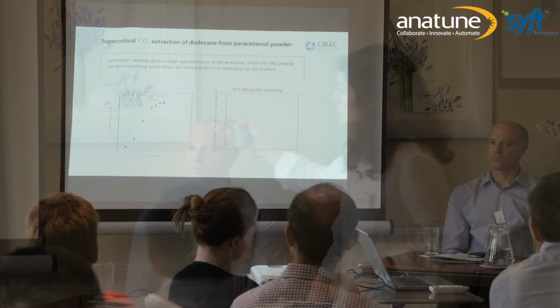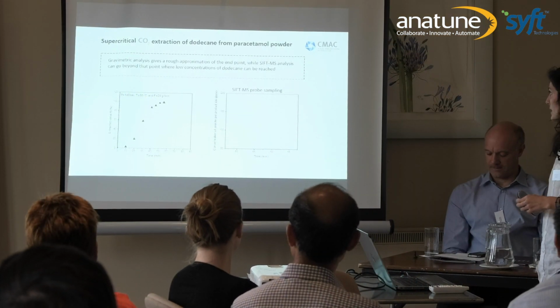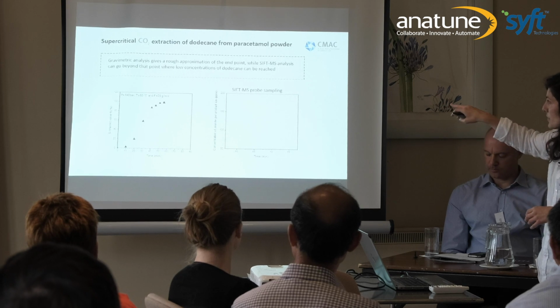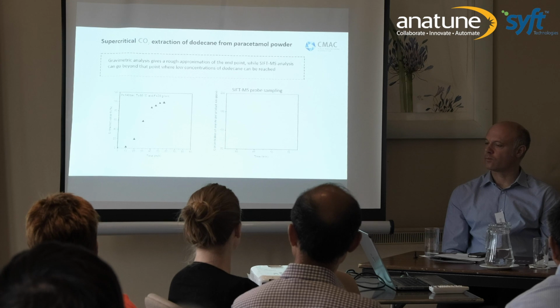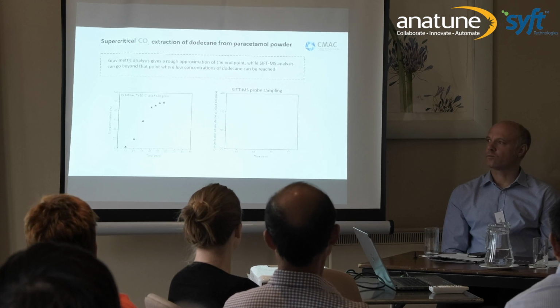As you see, we got more data points using this methodology, but while we are reaching the end of the extraction, we extract traces of solvent that are very difficult to collect from the cyclone and weigh with the mass balance.